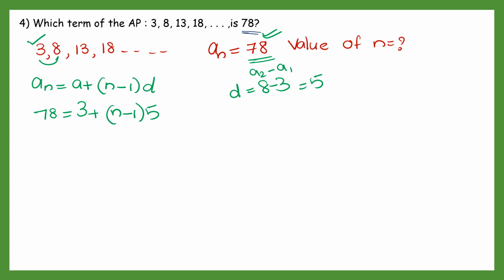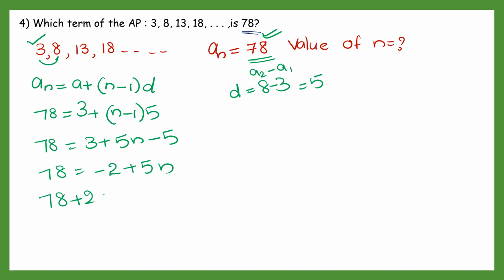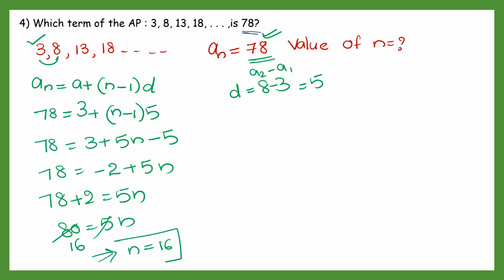Substitute it. So 78 is equal to 3 plus (n minus 1) into 5. n into 5 is 5n, and minus into plus, minus 5 into 1 is minus 5. So 78 is equal to 3 minus 5, which is minus 2, plus 5n. 78 plus 2 if it comes to the left side, so 80 is equal to 5n. 5 sixes are 30, so n is equal to 16.